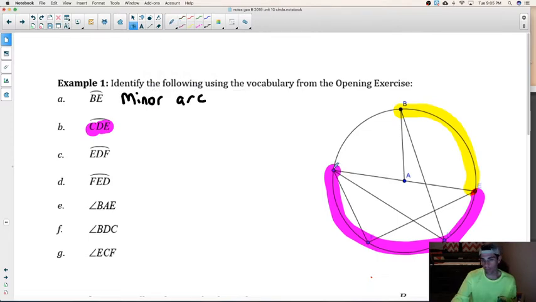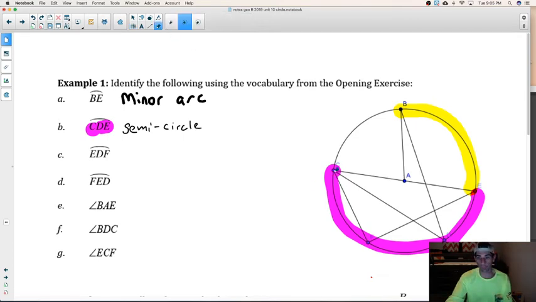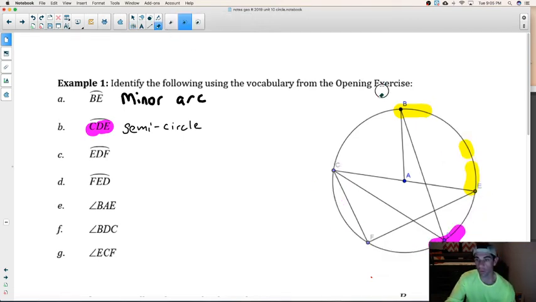Well, because this right here is the diameter, and this is half. And what did we call that? We call that a semicircle. All right, if you want to give a pause and try the other 2 arcs on your own, that would be cool. I'll get set up for this one here.